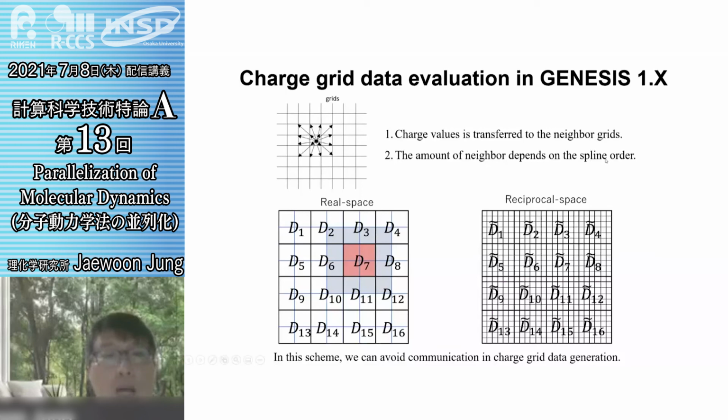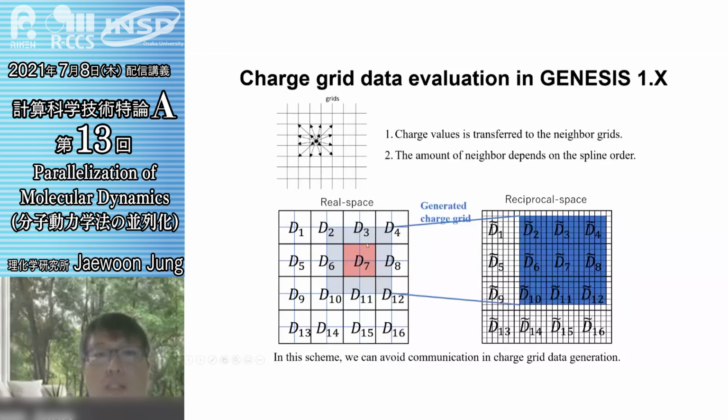So until now, we have the charge data of not only this subdomain, but also the buffer region. From this, the charge on this region may generate charge grid data on this region.